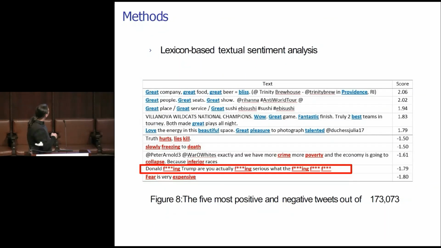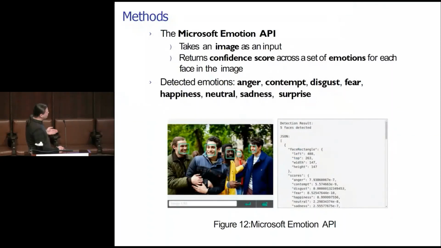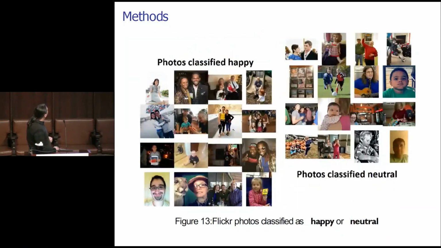So you can see, like, your favorite president of all time, someone is tweeting about him, and that results in a very negative sentiment score. And we've published on that in different studies using Flickr data to look at images. We're using the Microsoft and Google APIs for image classification.